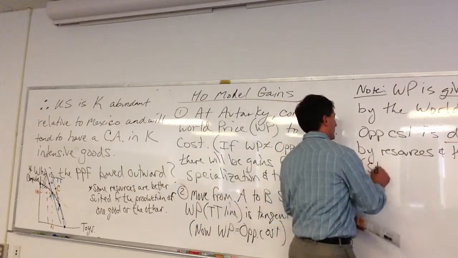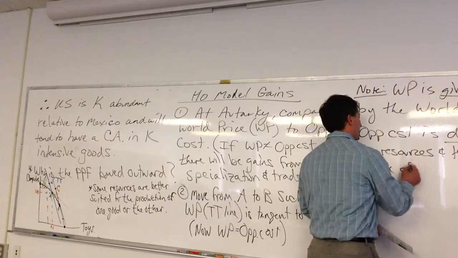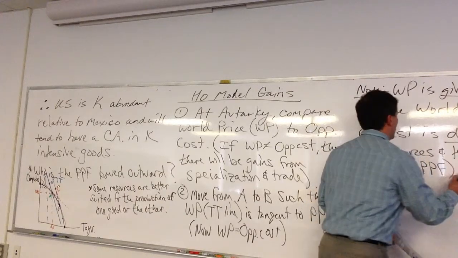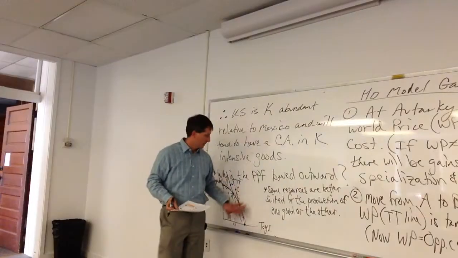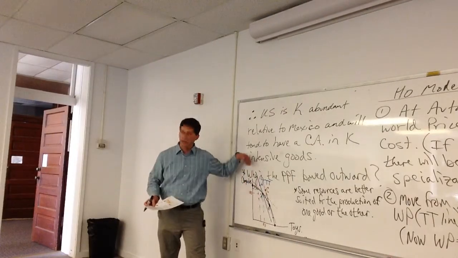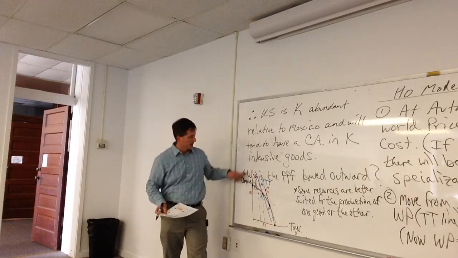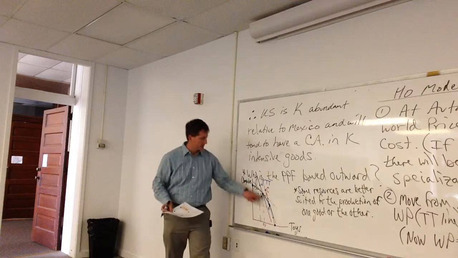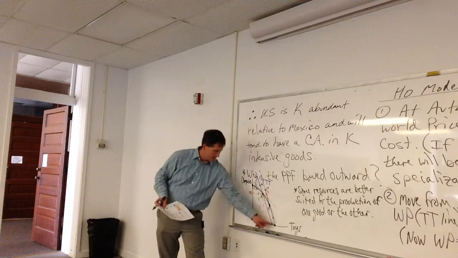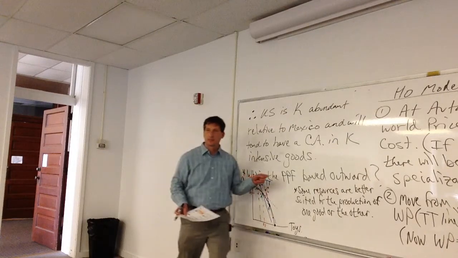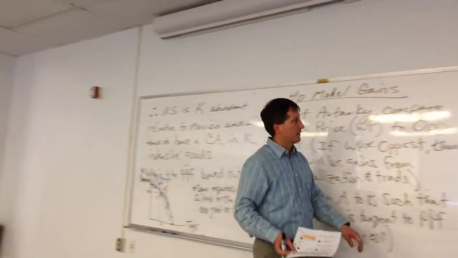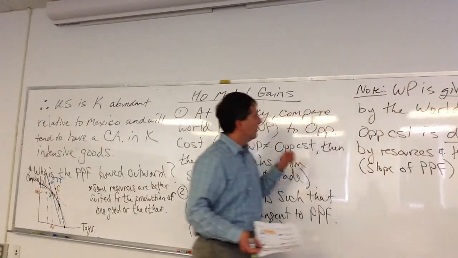And that is the slope of the production possibilities frontier. In equilibrium, the two are equal to each other. So they are coinciding with each other. The slope of the production possibilities frontier at point B is this line, which also happens to be equal to the world price. So that's kind of our first order condition.